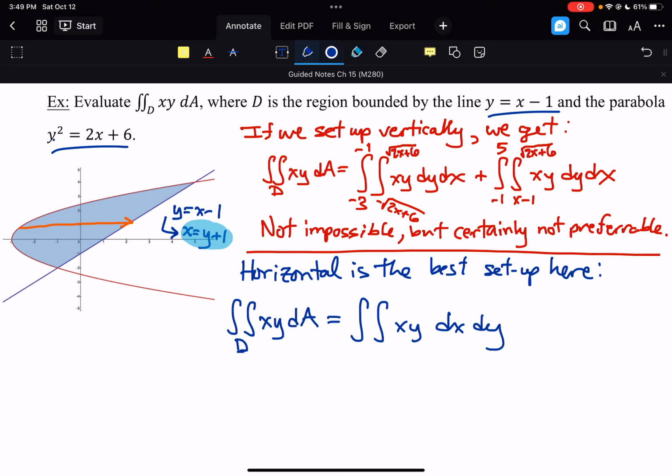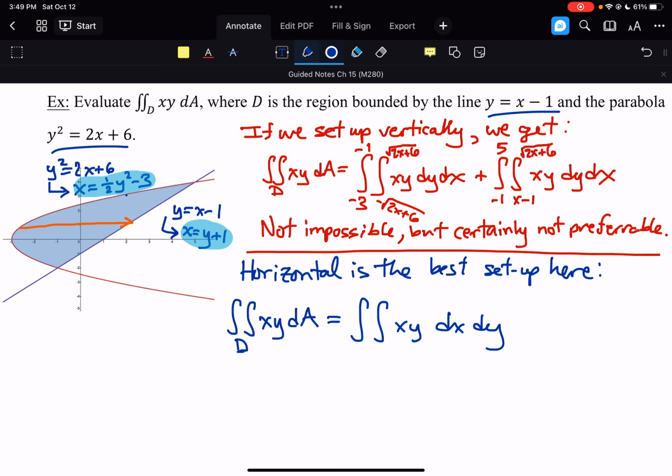And then for this one, instead of y squared equals 2x plus 6, solve for x, so subtract the 6, divide by 2. We end up getting x equals 1/2 y squared minus 3. So that'll be the new formula for the parabola.